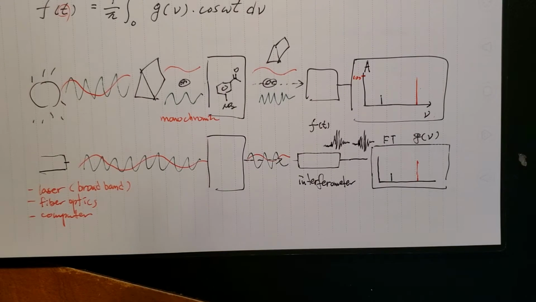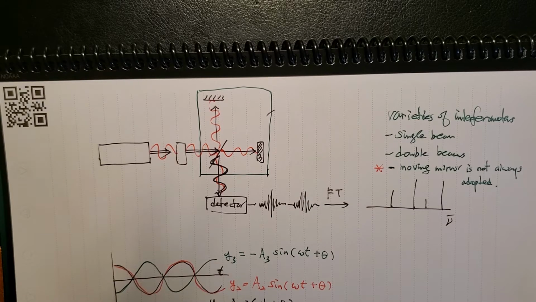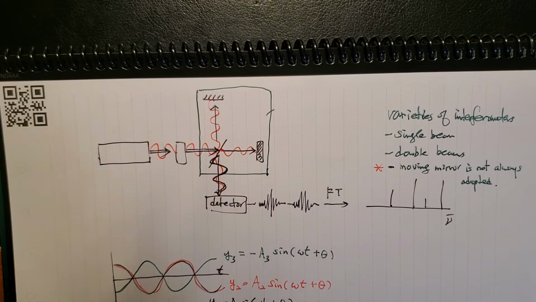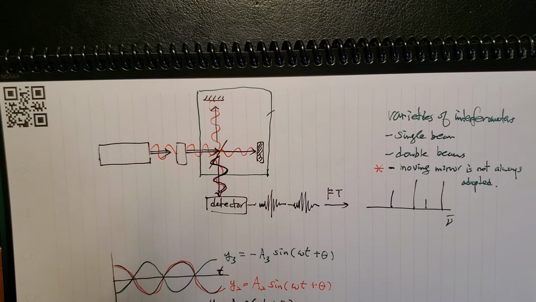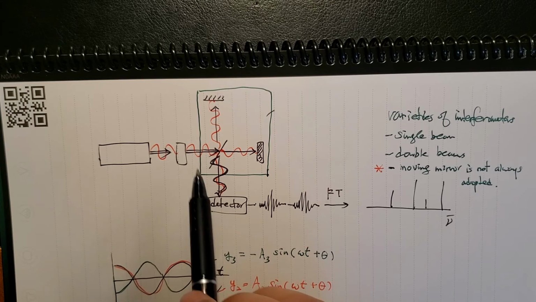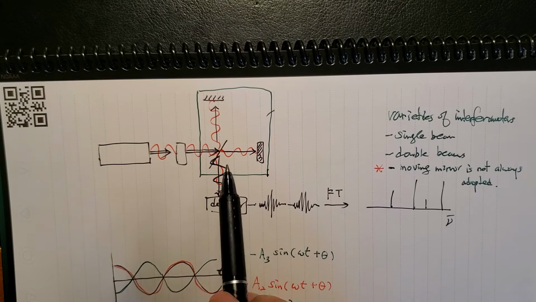So I think it's time to talk about the interferometer. Here is the schematic of it. I hope you can connect this new drawing with the previous drawing. You have a laser, sample, the little box I showed you for the interferometer, and then the detector.